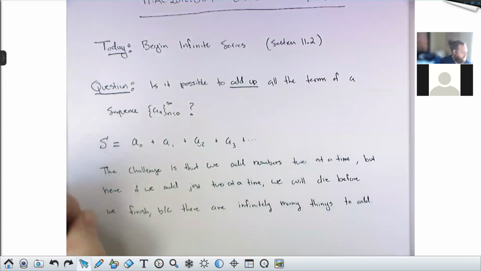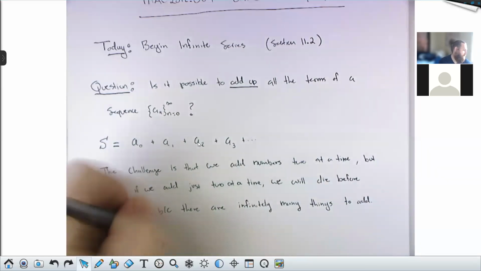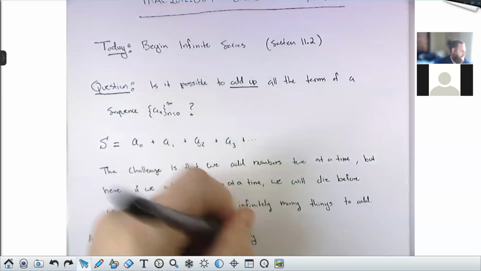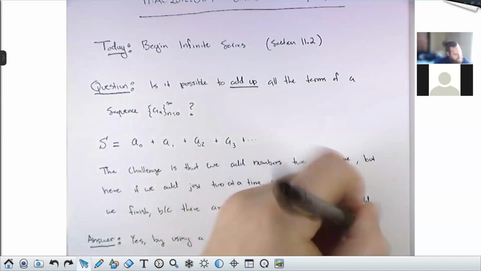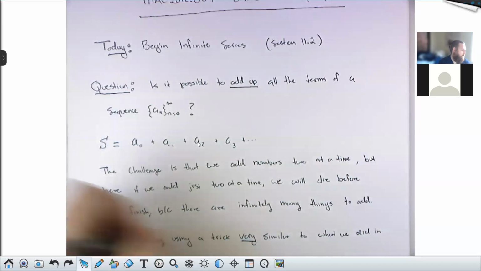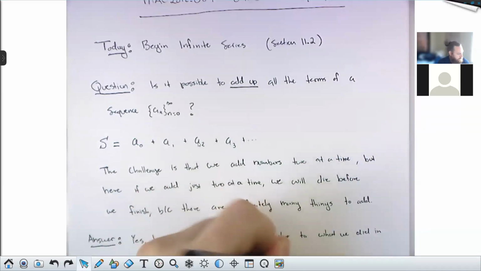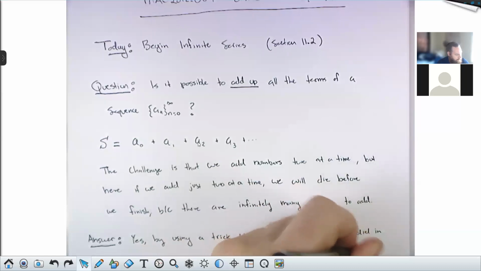So the answer is yes, by using a trick very similar to what we did in 7.8, where we defined the integral from 0 to infinity of f of x dx as the limit as t goes to infinity of the integral from 0 to t of f of x dx.